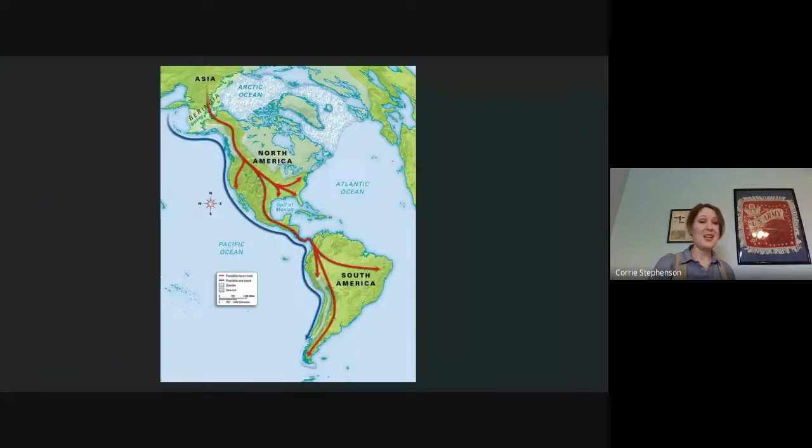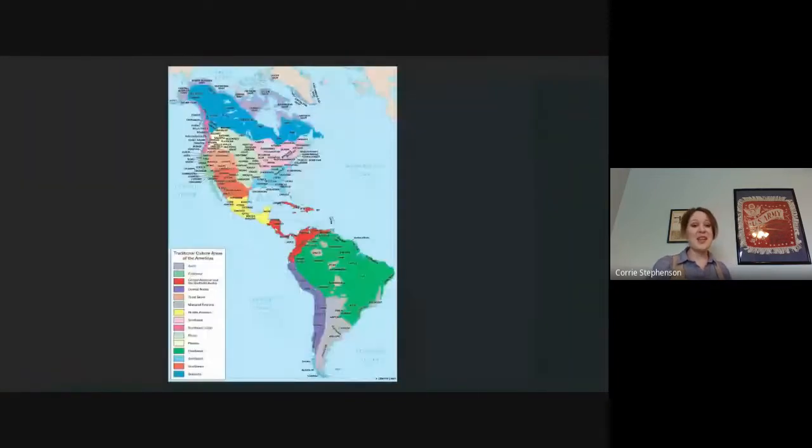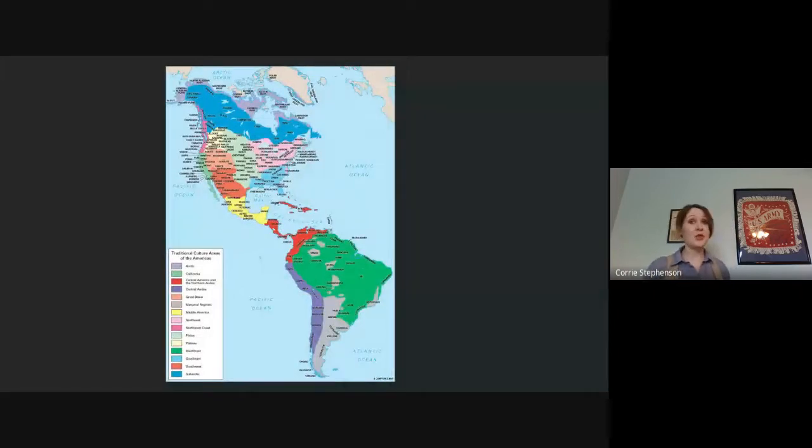Remember, Native Americans discovered this land thousands of years ago by traveling, we believe now, from Asia over the Bering Strait, over a land bridge that was there. And in that time, they had created literally thousands of different cultures, vibrant cultures, their own belief systems. So this is not a new world for Native Americans.